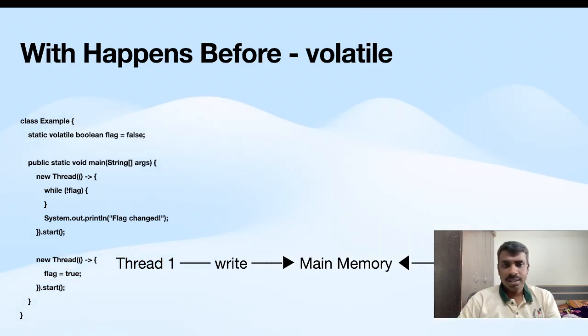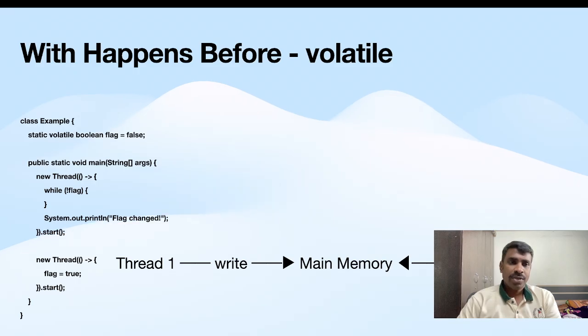In the same example, you can see I have used the volatile keyword while declaring the variable itself. So instead of static boolean flag, I wrote static volatile boolean flag. This volatile keyword is making sure that the value gets correctly to all the threads.